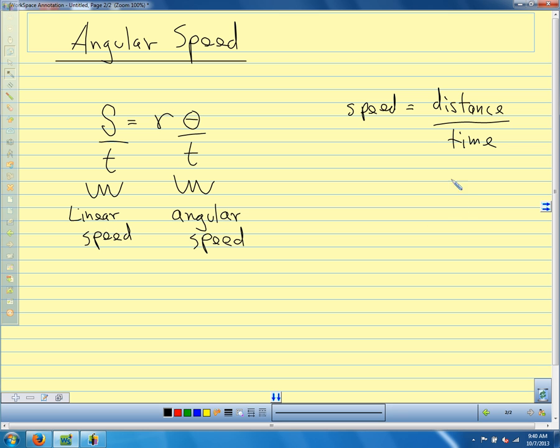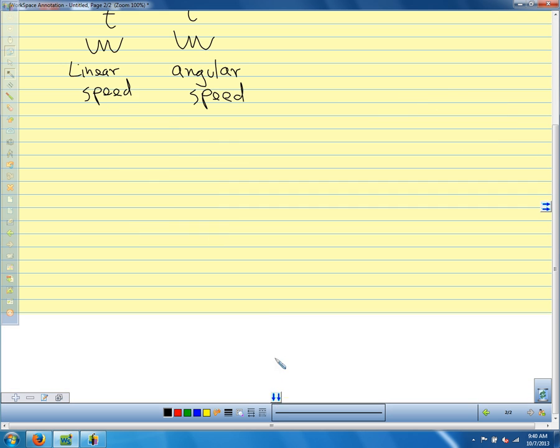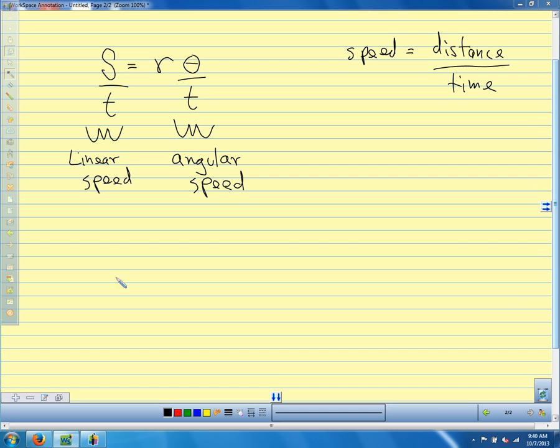And the way that we usually write this equation when we divide both sides by time is we use v for velocity equals r omega, where omega equals our angular speed. Yes?